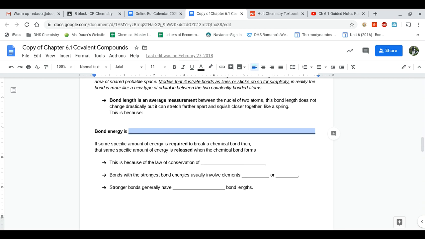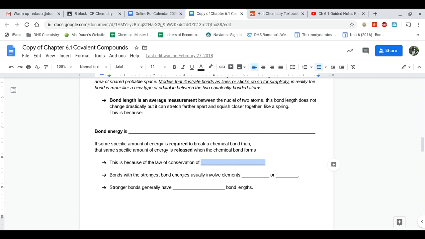The reason why this is important is because when we are breaking a chemical bond, or when a bond is forming, which is going to be the opposite, it's going to release energy, we understand that this is abiding by the law of conservation of energy. We actually have that as our next blank.